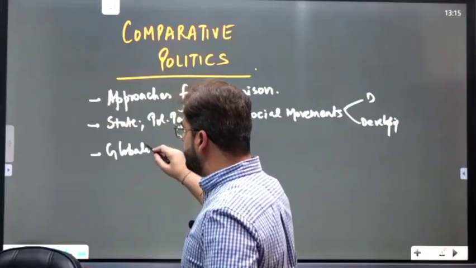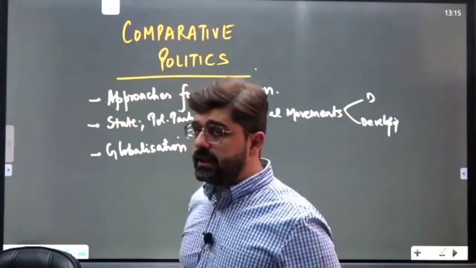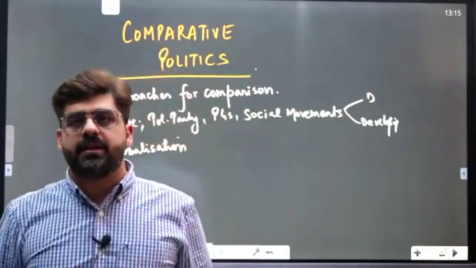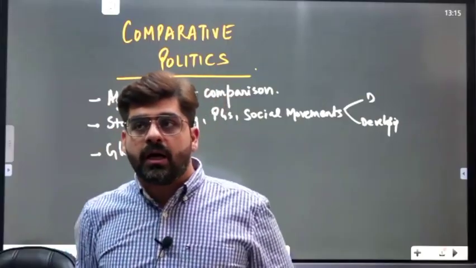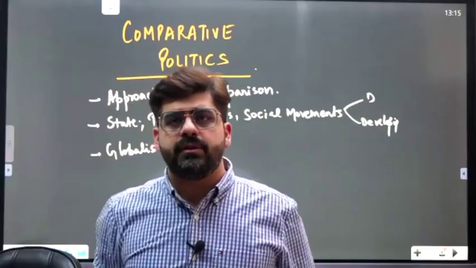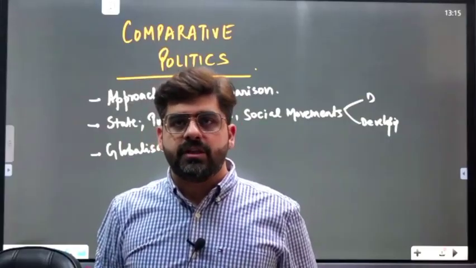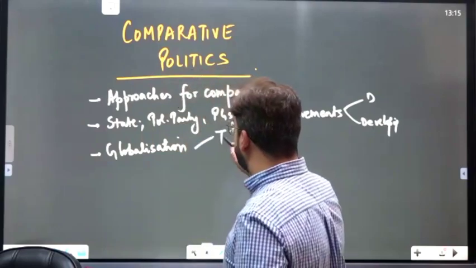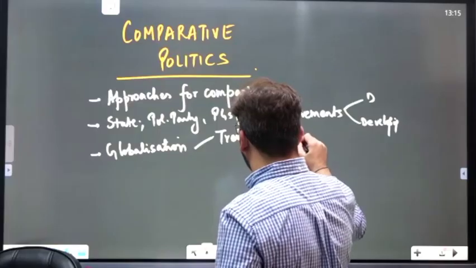Some theoretical frameworks around globalization: what globalization is, why it happened, what the theoretical perspectives are, the liberal perspective, realist perspective, Marxist perspective, to understand why we have free flow of labor or free flow of capital, or greater interconnections between the world. What's the reason for that? So we would want to know the trends and the reasons for globalization.